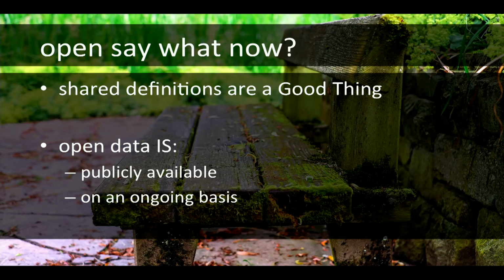One of the things I always like doing when I start any kind of conversation or talk is to make sure that everyone in the room has a strong shared definition of whatever we're talking about, to make sure we're all on the same page. So as I talk about open data, for the purposes of this talk, I define open data as any data that's publicly available on an ongoing basis.